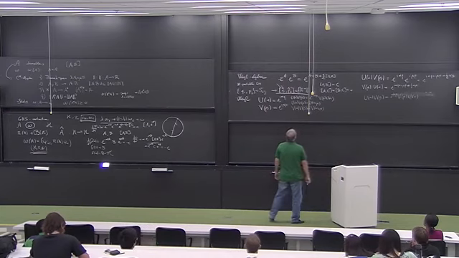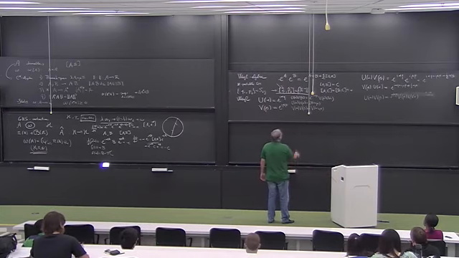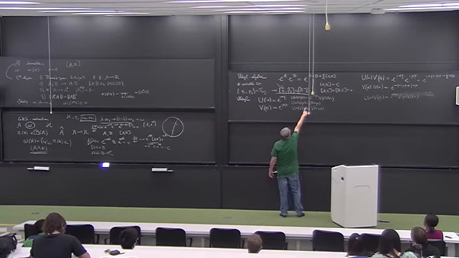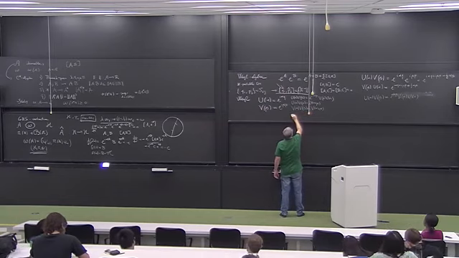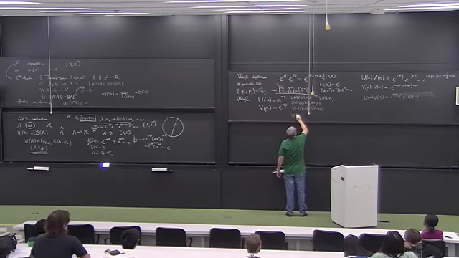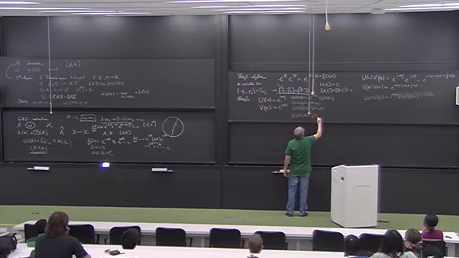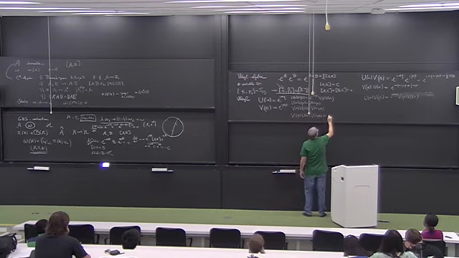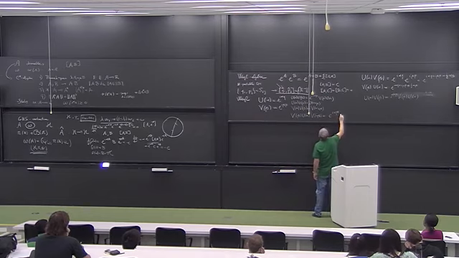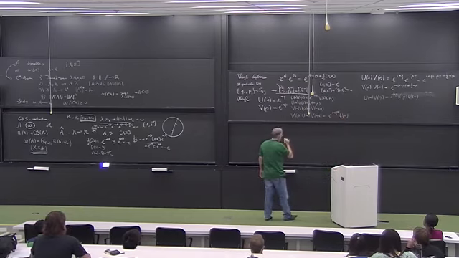By the way, with this commutation rule here, you can write the commutation rule this way: V beta U alpha V minus beta equals e to the i alpha beta U alpha.